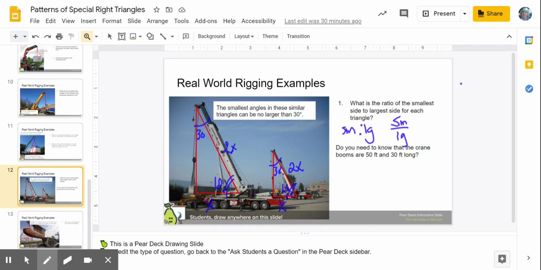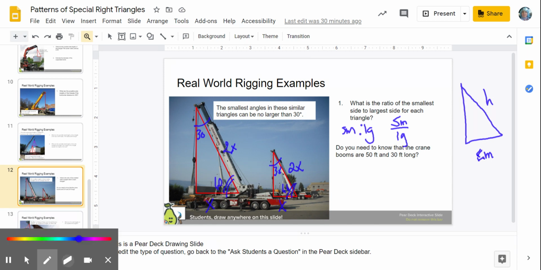If we've got 30, 60, 90 triangles, how are the small side and the hypotenuse related? Which one's bigger? Come on, y'all. Which one's bigger, the hypotenuse or the small side?